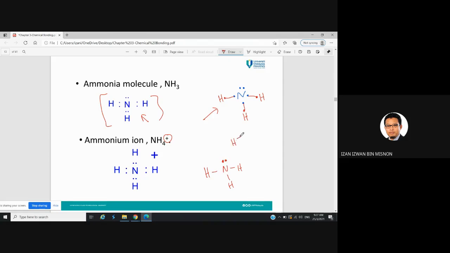So in the presence of H plus, what can happen is that 2 electrons from nitrogen are donated and shared to one more proton, or hydrogen plus, to form a covalent dative bond. So we will have at the end NH4 plus. So overall it will be positively charged due to the presence of positive charge on the incoming hydrogen.